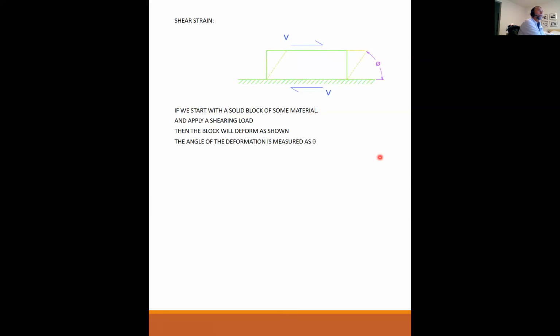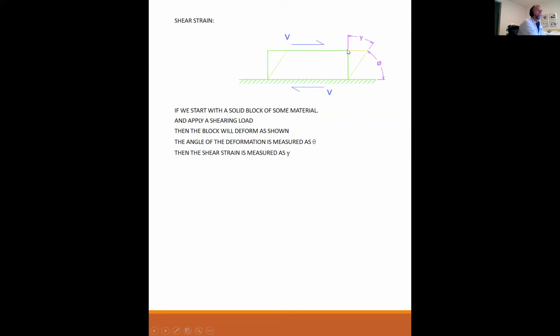If I measure that angle of deformation as theta, theta is measured from the horizontal to the sloped, deformed shape on the right-hand side of the block. That's my definition of theta. Then the shear strain is defined as gamma, from the original shape to the deformed shape.